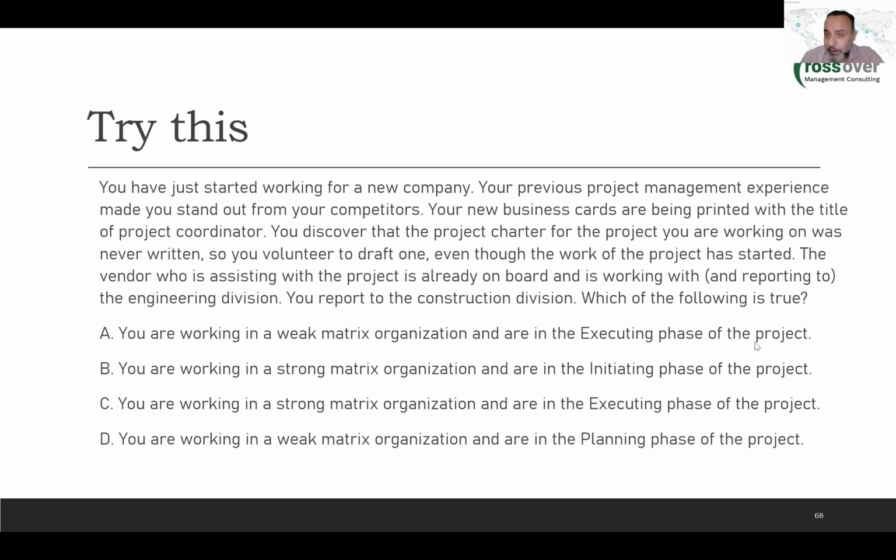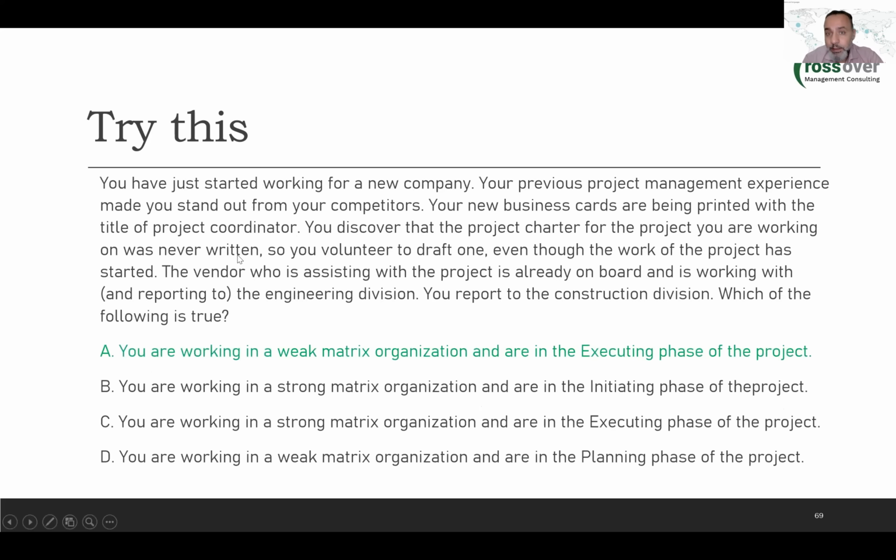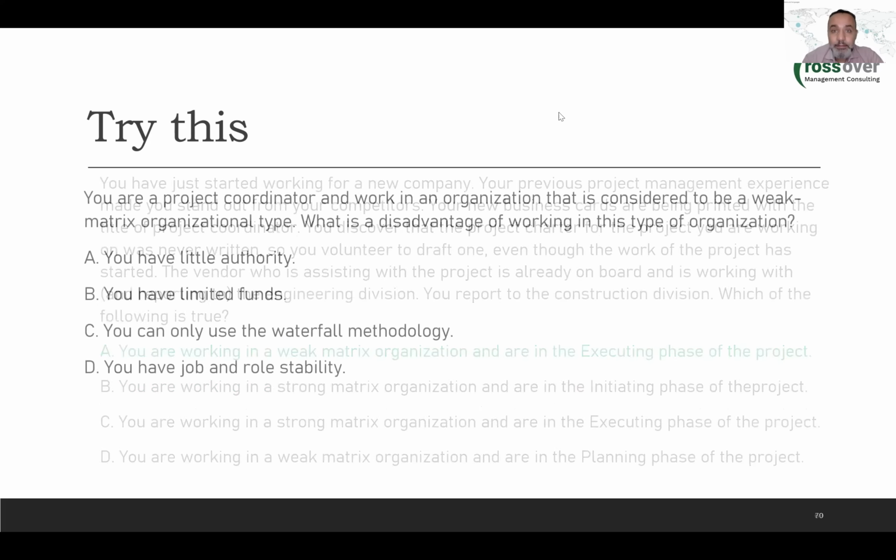Weak matrix, right? Okay. Has the work started in the project? Yes, the project has started. Even though the charter was not developed, that doesn't mean the project was not started. It was a mistake that they didn't develop the project charter, but the work has started. Yes, so A is the right answer. Excellent.